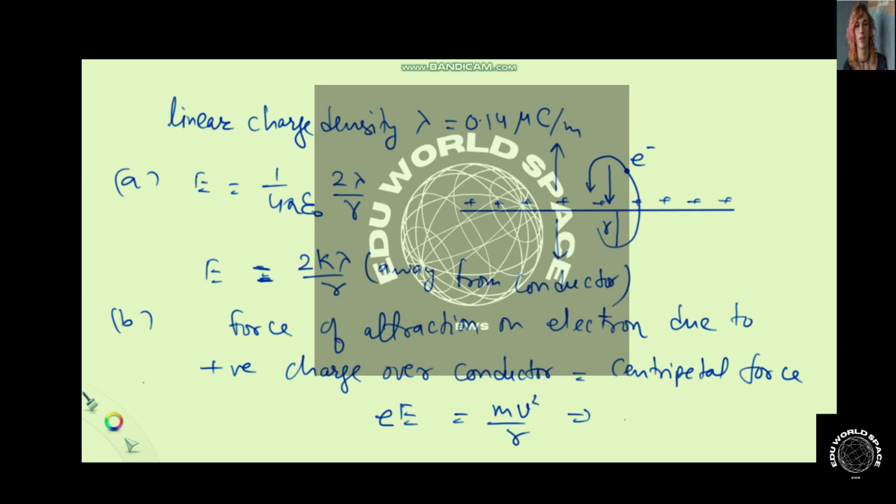So we get an expression for the speed of the electron around this conductor, and that is the square root of 2 e k lambda by m, where m is the mass of the electron.